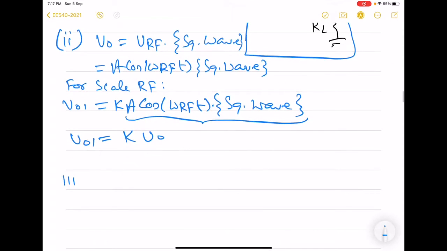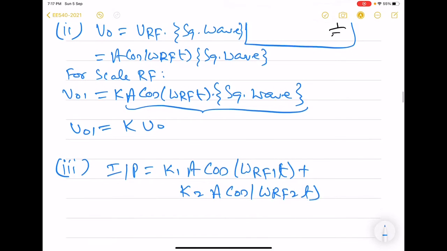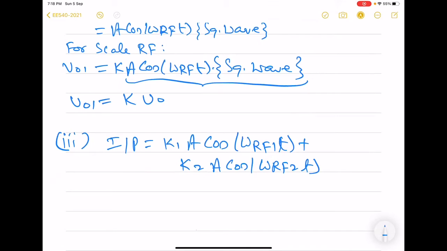Now we want to say what happens with the third requirement. So in this case, we are going to take input, which is going to be linear combination of two different inputs, K1 A cos omega RF1 T and K2 A cos omega RF2 T. So in this case, also the output is going to be input multiplied by square wave.